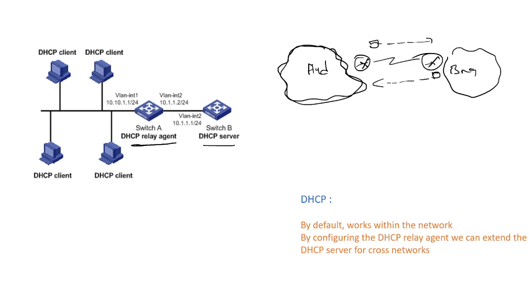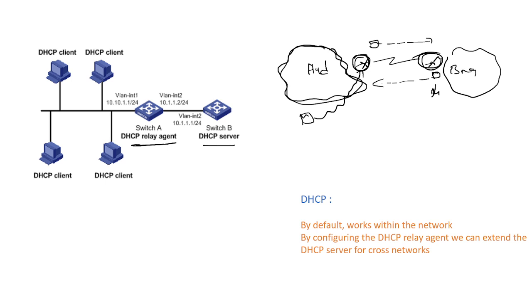So what happens here? We have configured a relay agent in this router here. As soon as the packet reaches this router, it will convert the broadcast to unicast and send it here. Here also a DHCP relay is there.